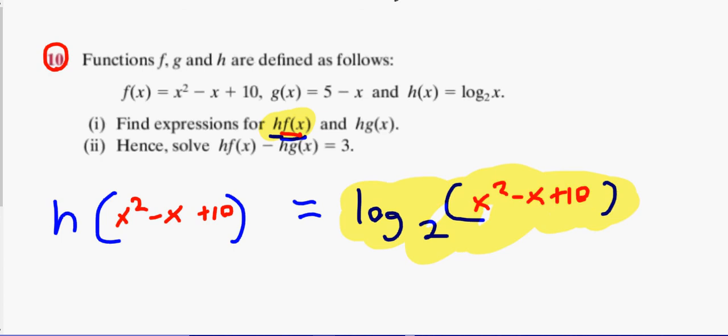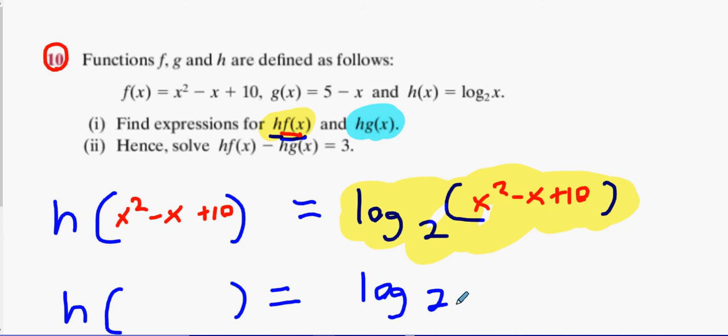Okay, next one we're going to do is h of g of x. So once again, the h function is log base 2 of blank, and put in g of x, so it's going to be 5 minus x. We all on board so far? Okay.